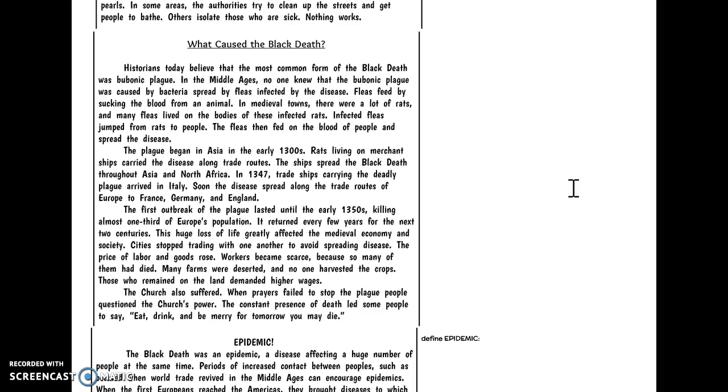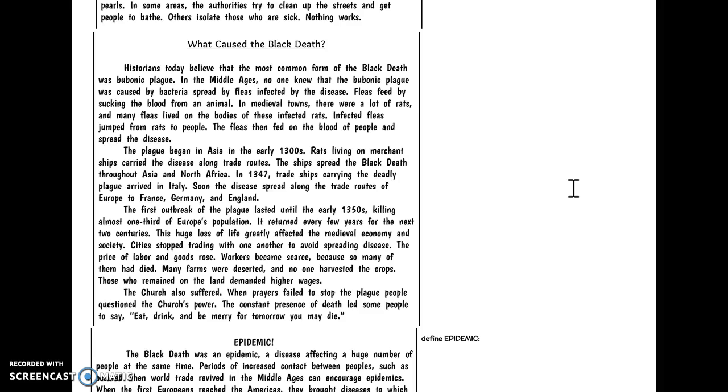The ships spread the Black Death throughout Asia and North Africa. In 1347, trade ships carrying the deadly plague arrived in Italy. Soon, the disease spread along the trade routes of Europe to France, Germany, and England. The first outbreak of the plague lasted until the early 1350s, killing almost 1/3 of Europe's population.